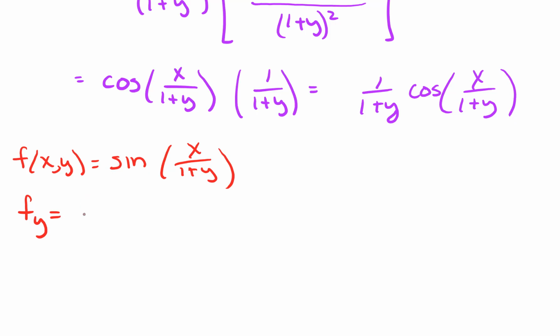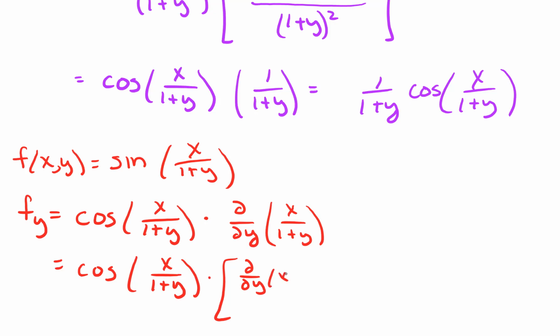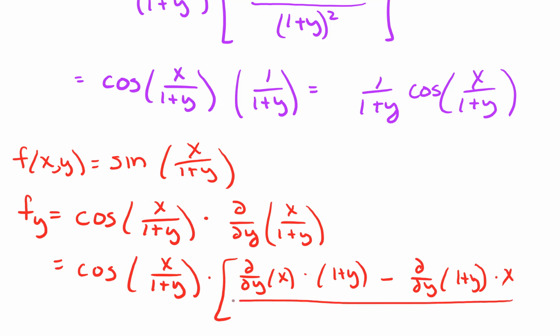Derivative of sine is cosine, copy over the inner little function, times the derivative with respect to y of this inner function, which is x over 1 plus y. Copy down cosine of x over 1 plus y times, here comes our derivative, we'll need quotient rule here: the derivative with respect to y of x times a regular old factor 1 plus y, minus the derivative of the bottom times the regular top, all over the bottom squared.